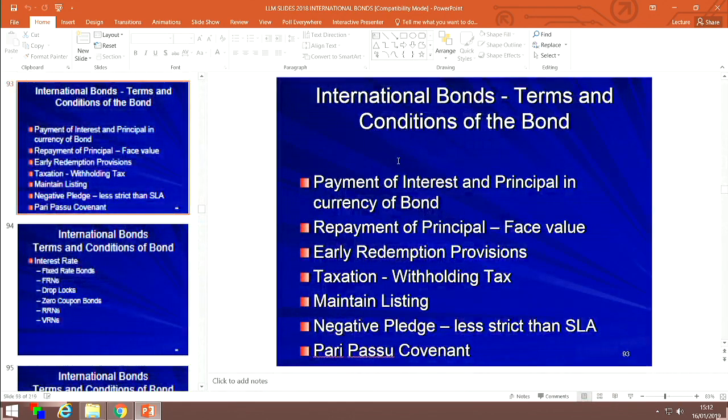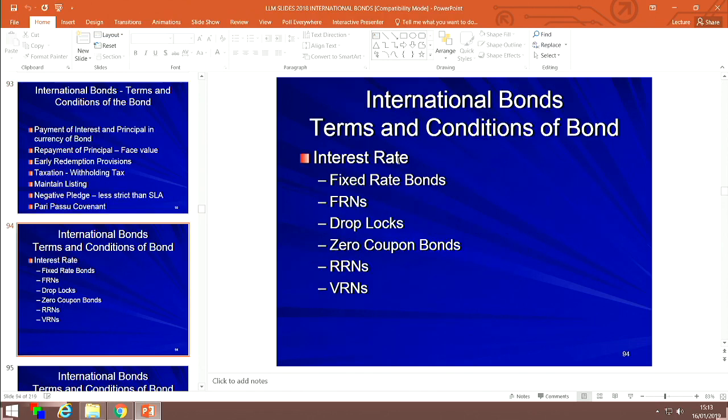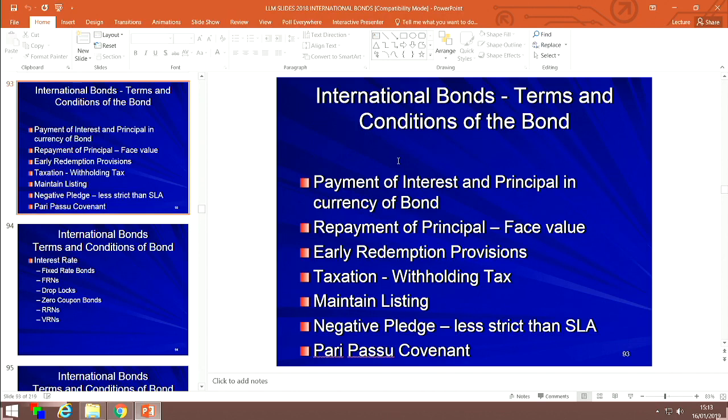We looked at different formulations of these clauses for payment of interest, for payment of principal. We looked at things like early redemption provisions relating to purchase funds and similar.